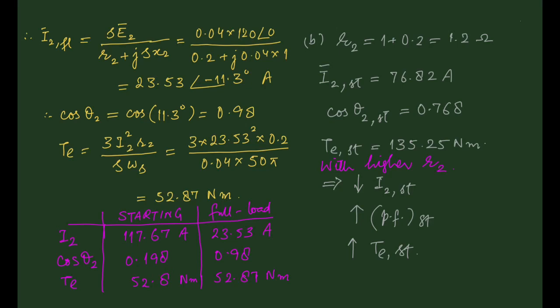Now in the second part of the problem, we are asked to calculate the starting current, the rotor power factor, and the starting torque when an additional resistance of 1 ohm is inserted in the rotor circuit. Therefore the rotor circuit resistance will be equal to 1 plus 0.2, which is 1.2 ohms, and corresponding to this, if we put in the values as we have done in part A of this problem, you may do the calculations yourself.